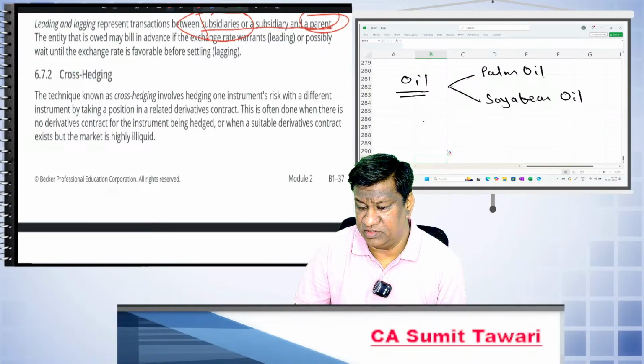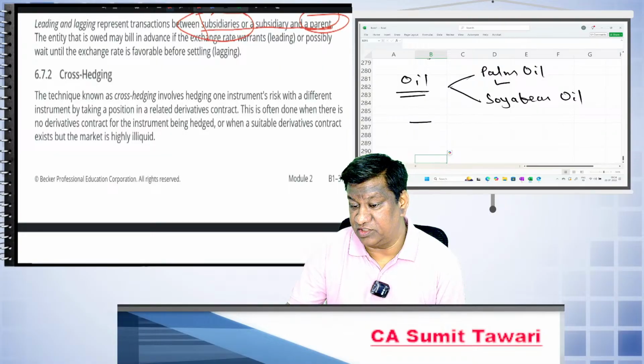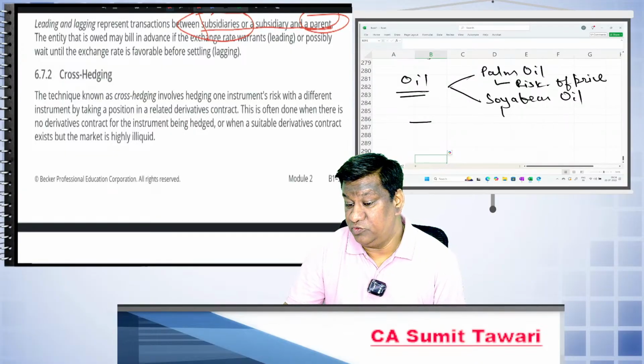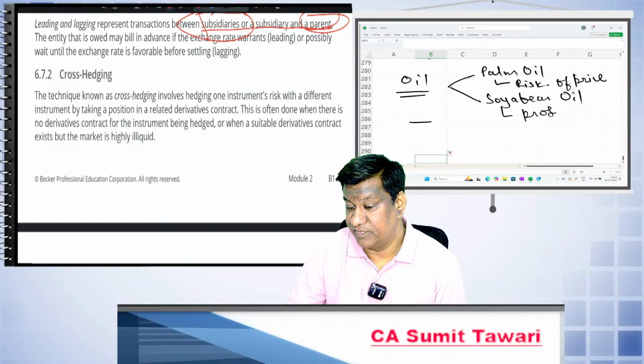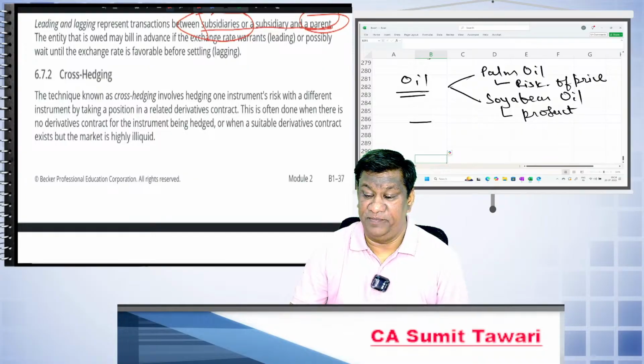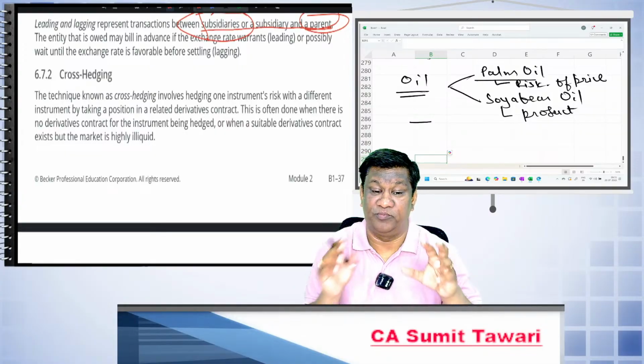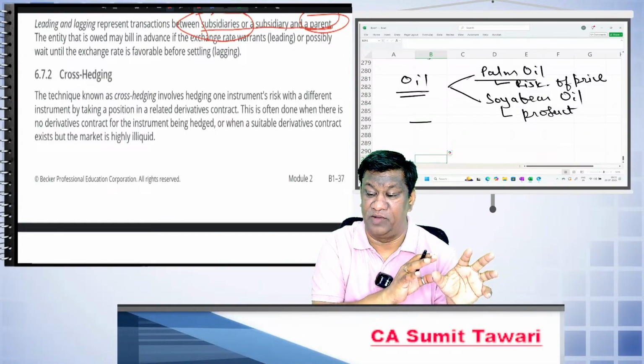What the company can do to protect against the risk of prices is to do a transaction in this product. Generally, if I feel the prices of palm oil may increase, I book the order for palm oil.